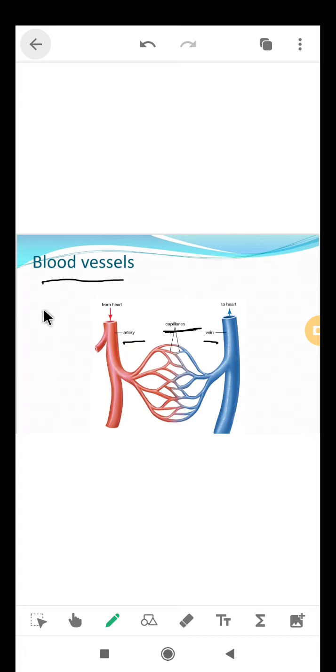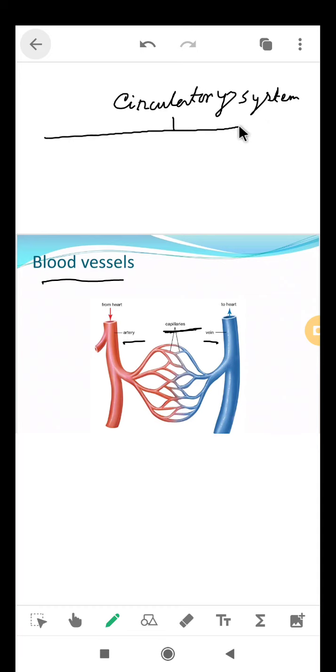So our circulatory system consists of heart, blood, and the blood vessels.